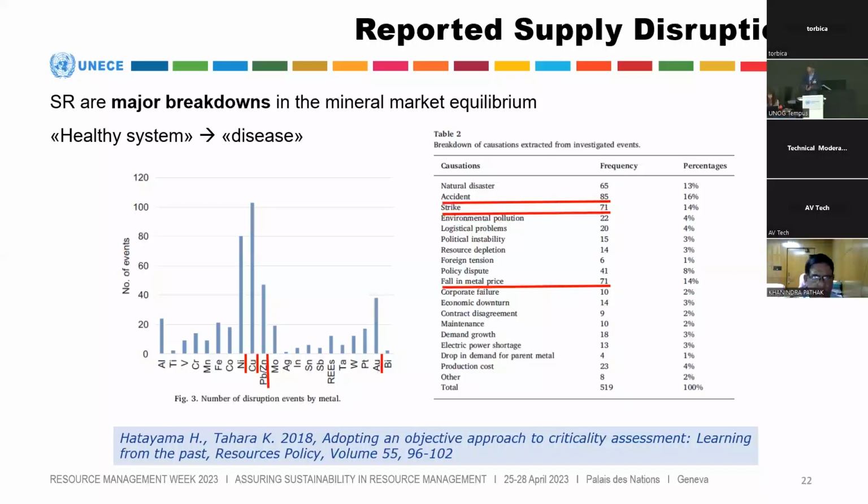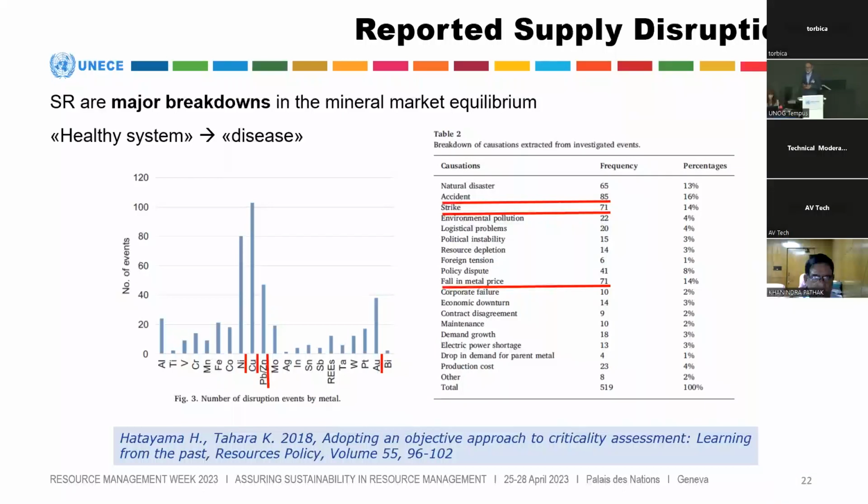And you might notice that most of those reported disruptions are related to metals that we do not consider critical, or we did not consider critical until a few months ago, not even years, a few months ago, like some of the base metals.